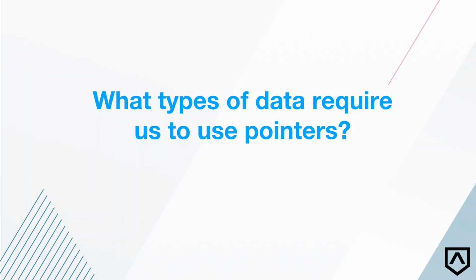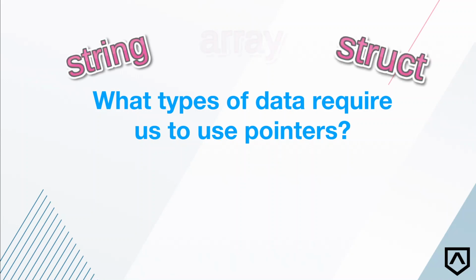So when you're writing a program in C, there are a few specific types of data that will typically require the use of pointers. Data types like strings, structs, or arrays. These are all different objects, and some will be smaller than others. The size can vary.